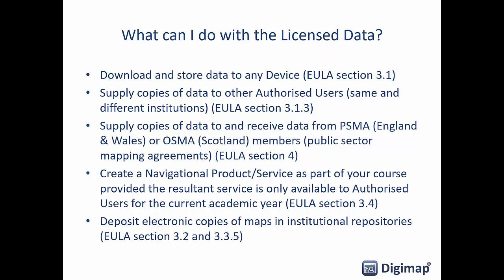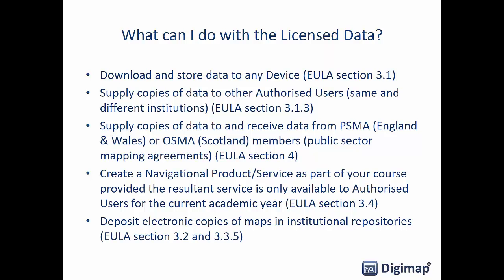The key there is that both you and the PSMA or OSMA member have to be licensed to hold and use the same area of data and the same product. So let's, for example, say you'd need a license to the Edinburgh City Council's area for master map data, and the other party would also need to have a license for that very same area of that very same data set.